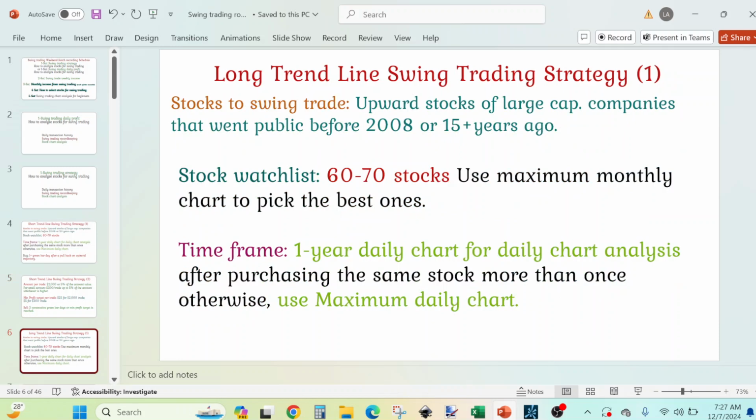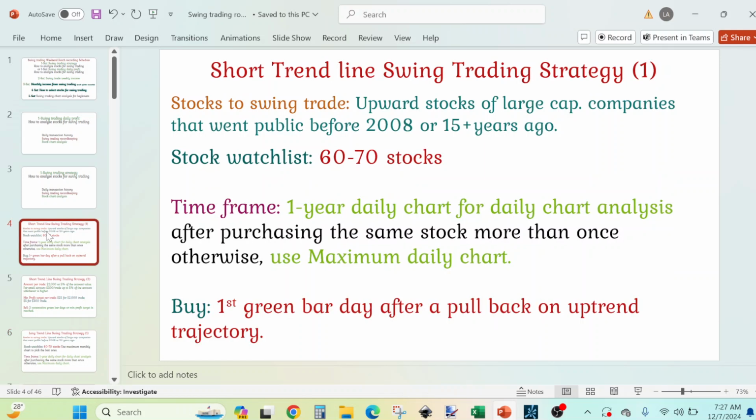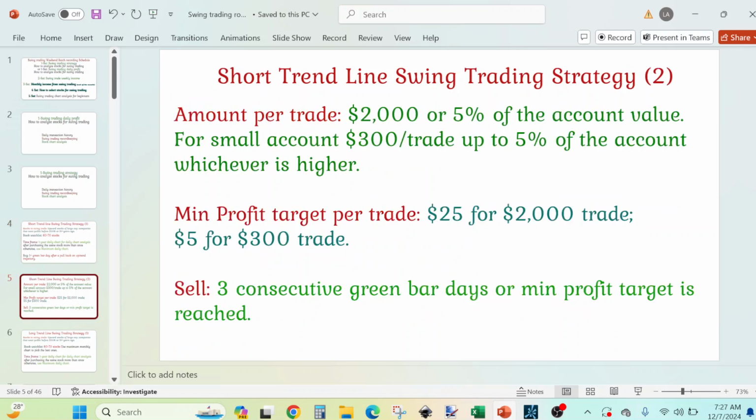For 2025 though, after trying that strategy for 2024, which was the first time we swing traded, because prior to 2024 we used a different strategy for trading, we started swing trading at the beginning of 2024 and used this strategy, aiming for small profits to practice the strategy and see how it performs.